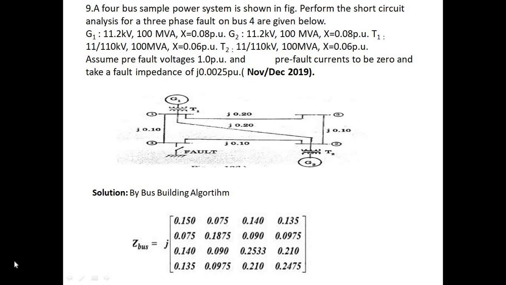In this diagram, generators 1 and 2 are represented in the nodes reference, 1, 2, 3, 4. There is a transformer 1 and transformer 2, 1 to 2.